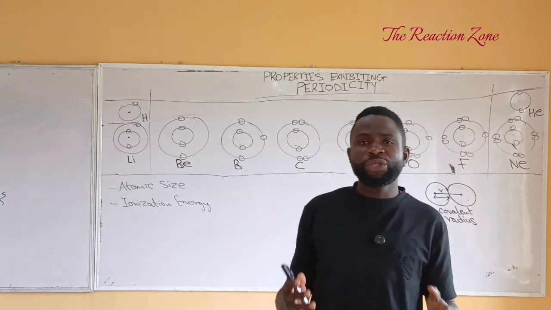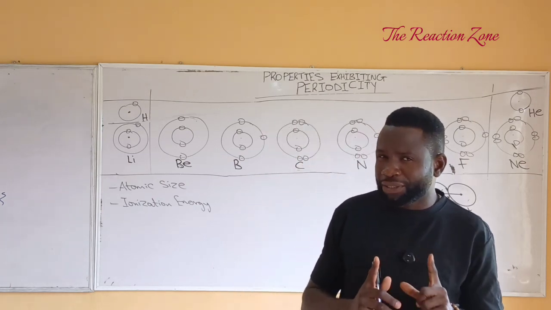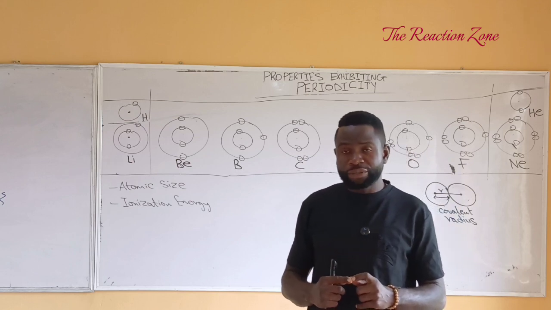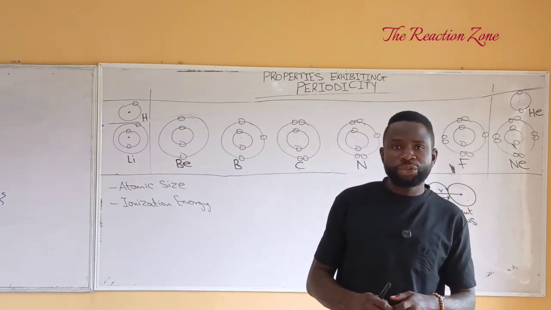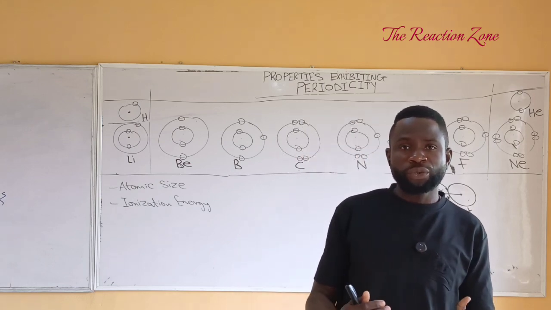Periodicity is as a result of similar electronic configuration, especially valence shell electronic configuration in the periodic table. This is usually found among elements that belong to a particular group.